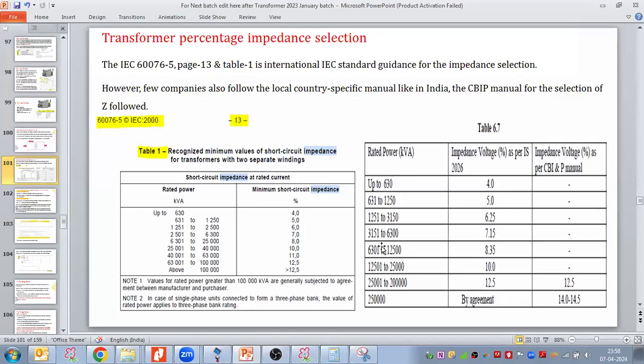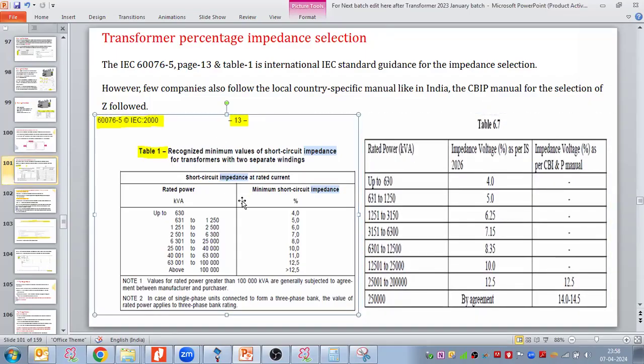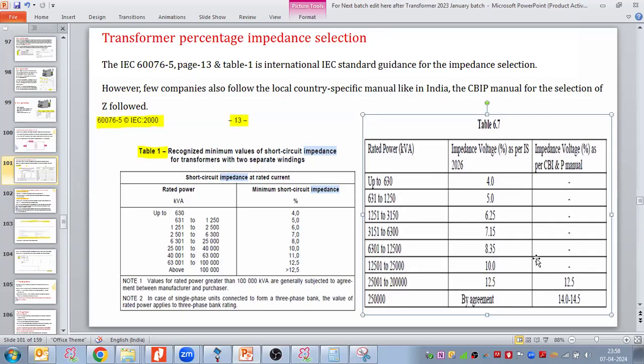It is 7.15 in this table, and here it is 7%. Now you can check the IS as well, what they have taken. Generally, we follow this IEC, and based on that we indicate the percentage impedance.